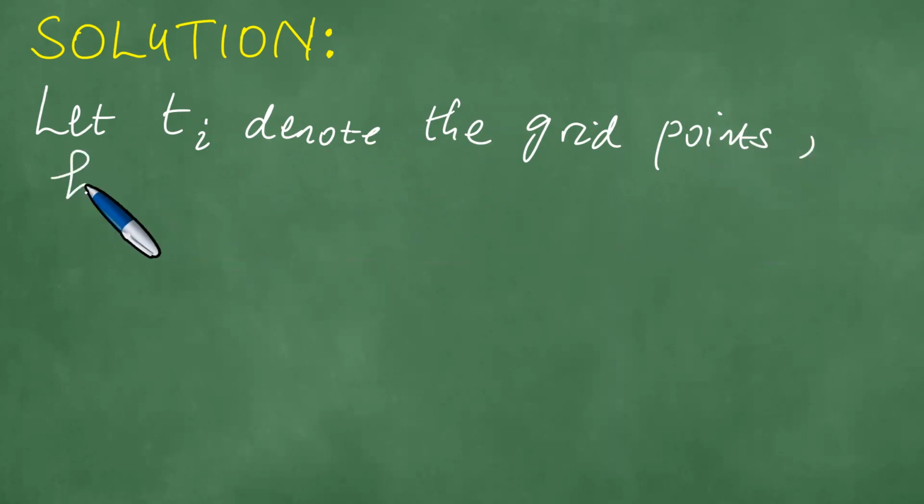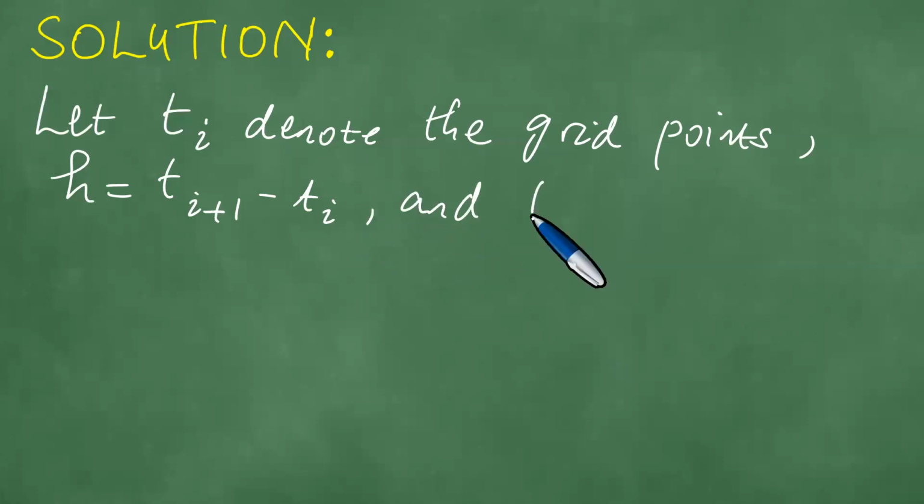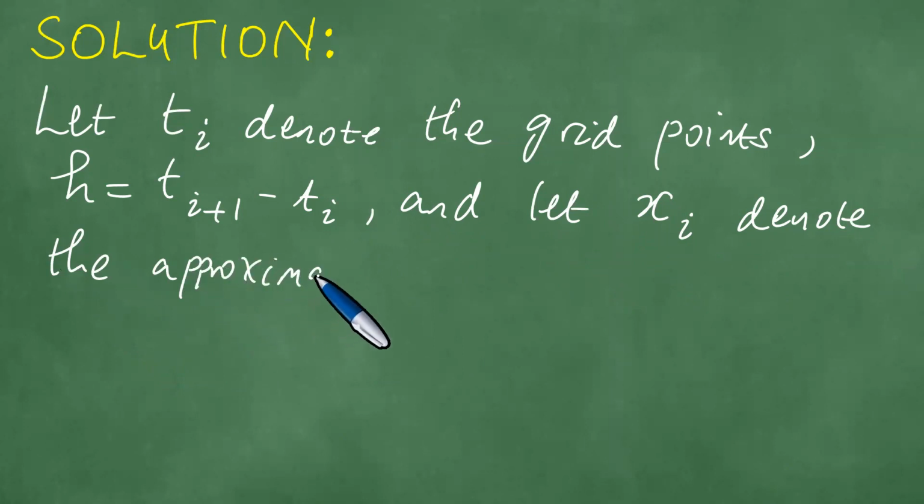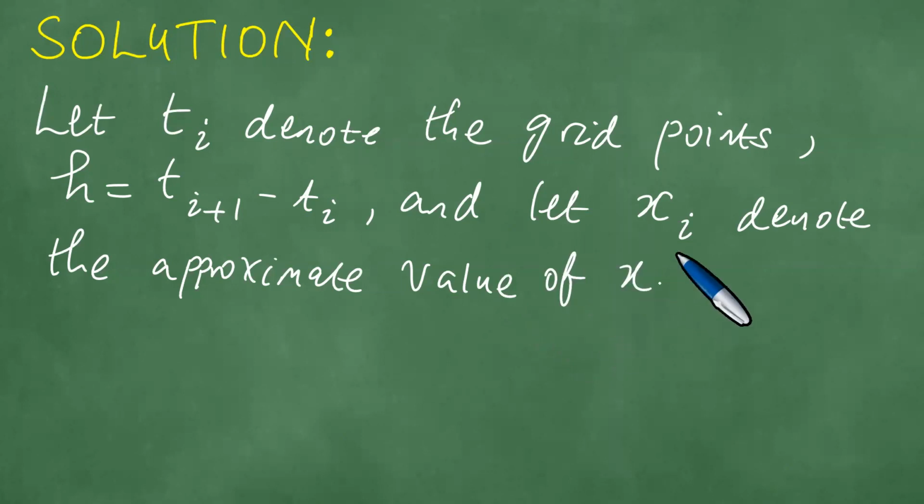And the grid spacing we call h, which is t sub i plus 1 minus t sub i. And we let x sub i denote the approximate value of x of t sub i.